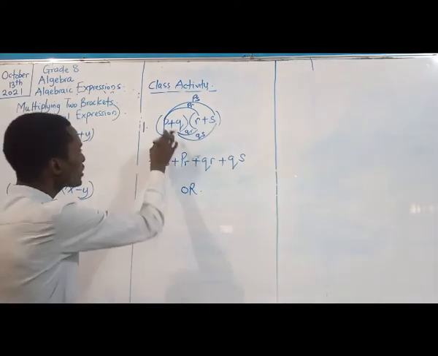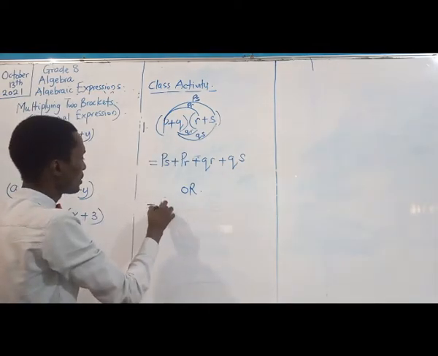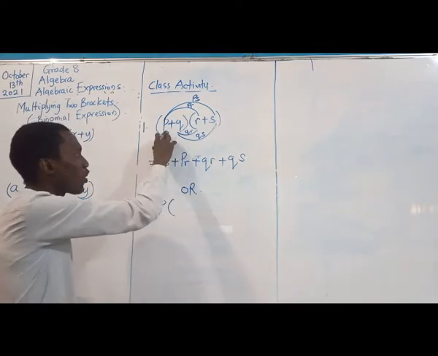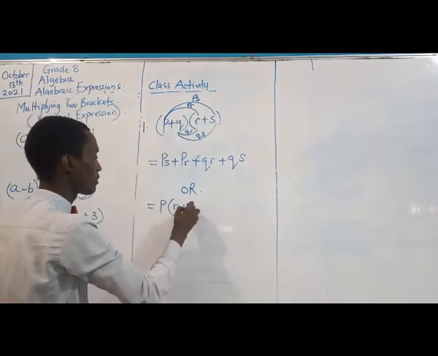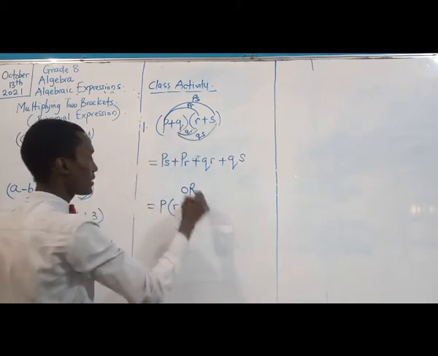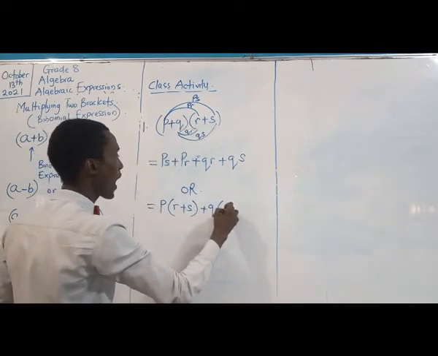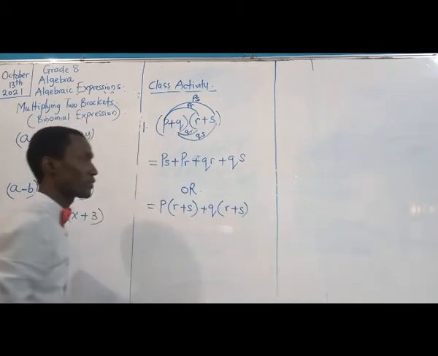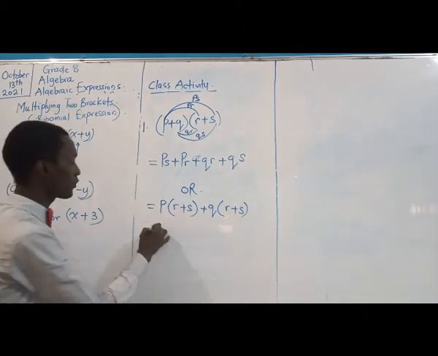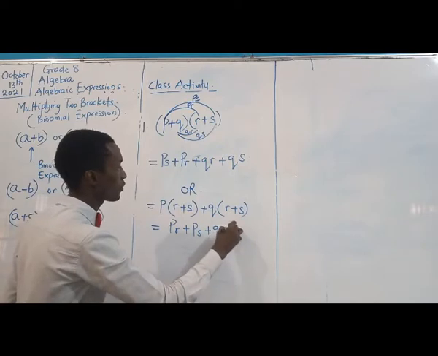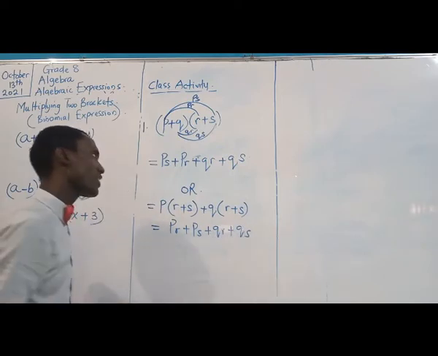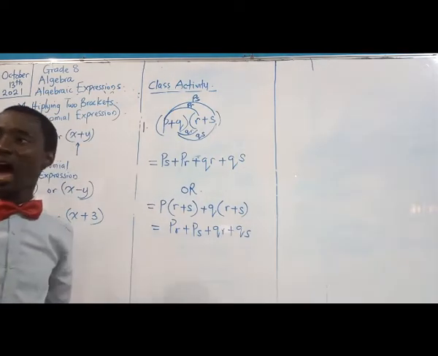This will mean that P, the content of the first bracket, multiplies the second bracket. P will multiply this, and Q will multiply this. And what will this give you? PR plus PS plus QR plus what? QS.